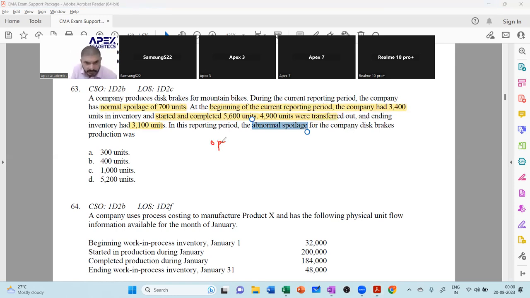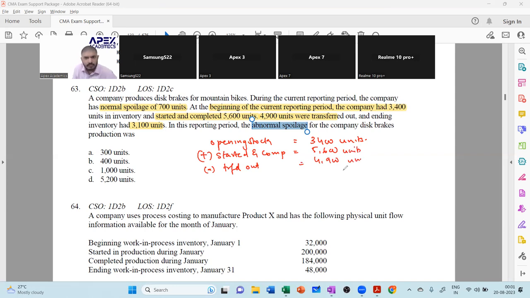What is your opening stock? 3,400 units. Plus, the company had started and completed 5,600. Minus transferred out 4,900.